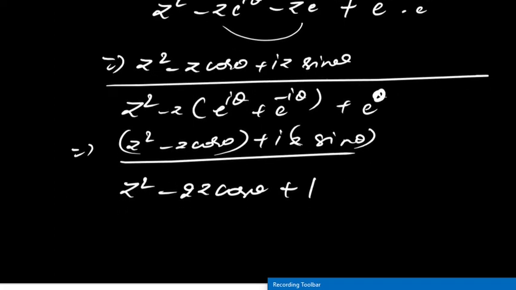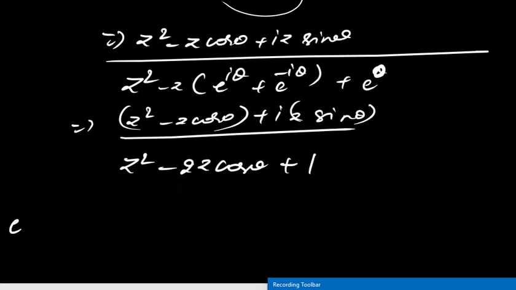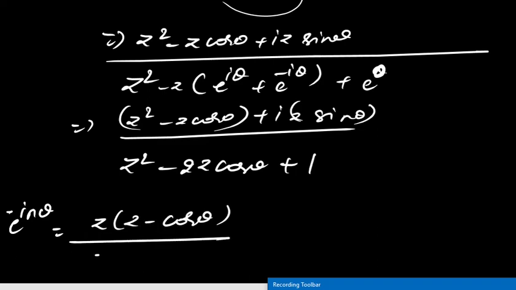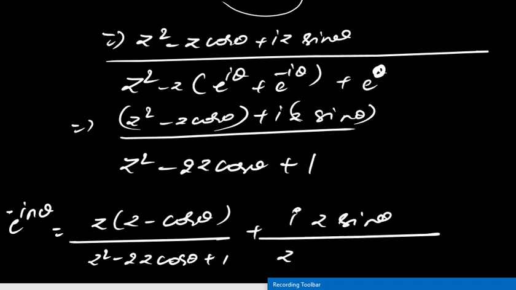So you need to segregate the real part and imaginary part. So e power i n theta, that is minus i n theta, is, I can take z common out here, so it is z into z minus cos theta by z square minus 2z cos theta plus 1. Similarly, I have i z sin theta by z square minus 2z cos theta plus 1.